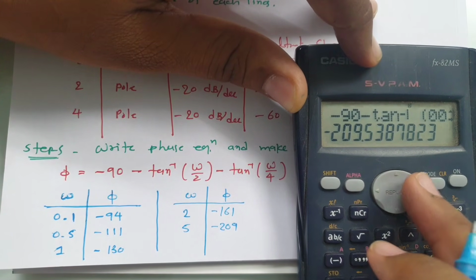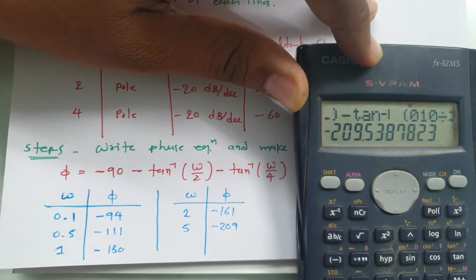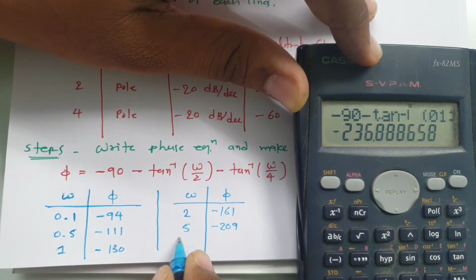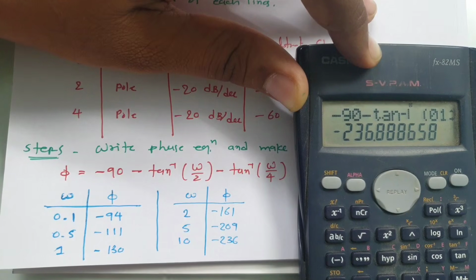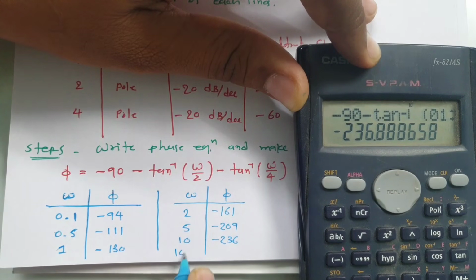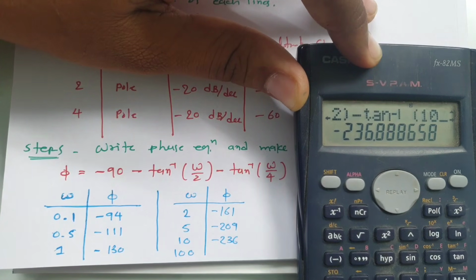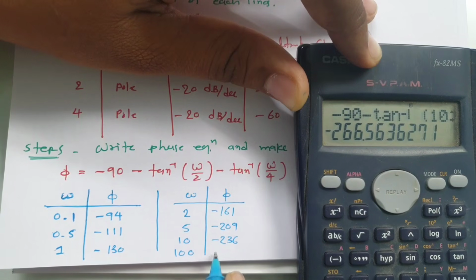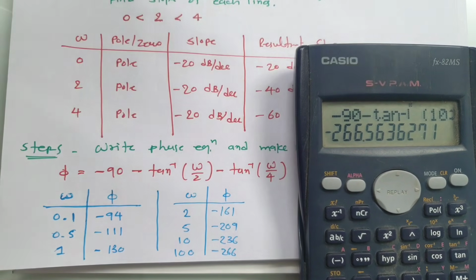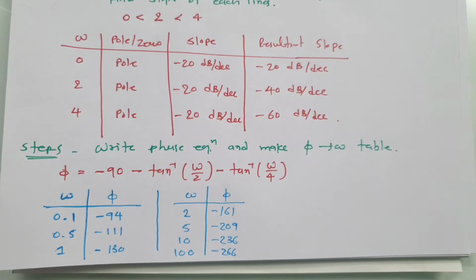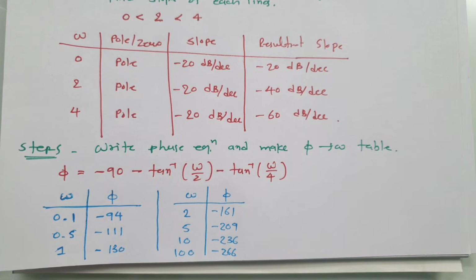Then omega equals 10, the phase is minus 236, and now I am taking omega equals 100, the phase is minus 266. So this is how we have a phase table with respect to frequency.